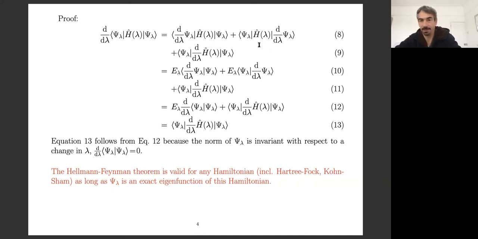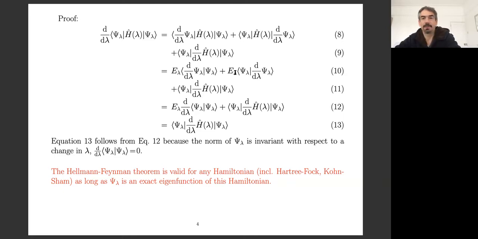You say that the Hamiltonian is Hermitian, so you can just move the Hamiltonian into the bra vector. Okay. And then this is again an eigenfunction, so you can take E lambda star out of the brackets, since E star is equal to E, so nothing changes. Then you got rid of that Hamiltonian, and what you're left with is psi lambda times d/d lambda psi lambda. Okay, so that's the second one, and the third one is unmodified.